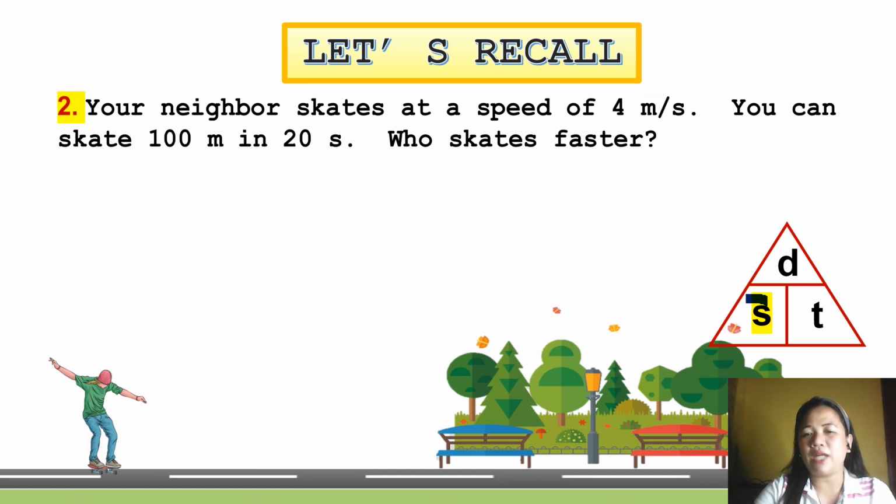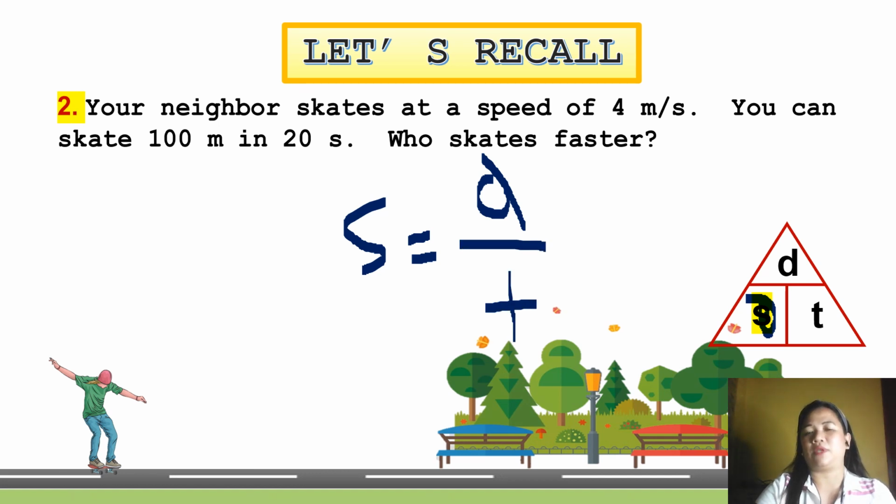So, pag kinover natin si speed, ano magiging formula niya? Speed will become equals to, kapag up and down, it means division. So, we're going to divide distance by time.